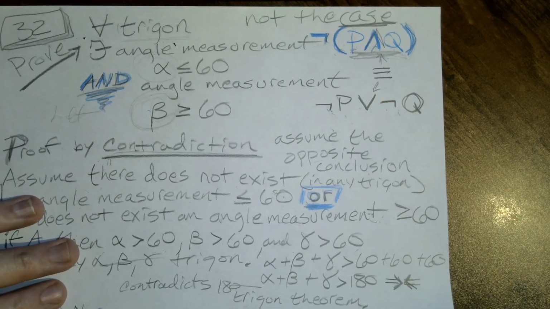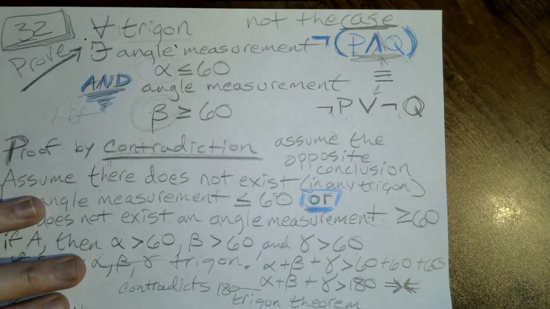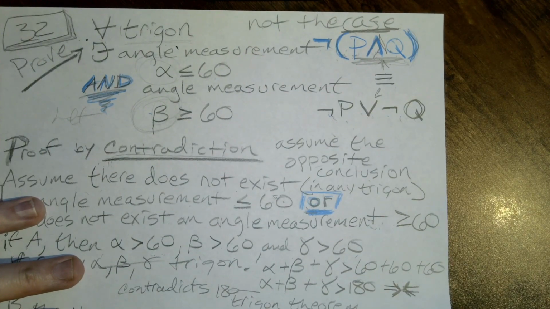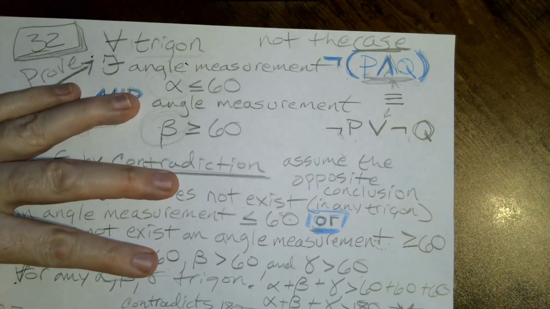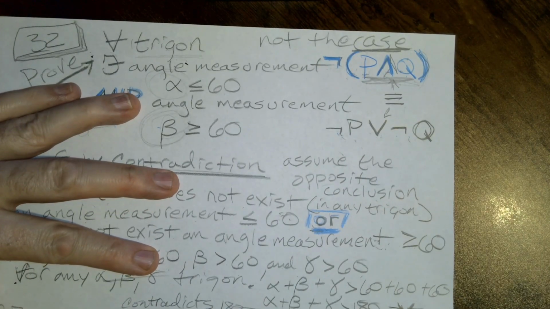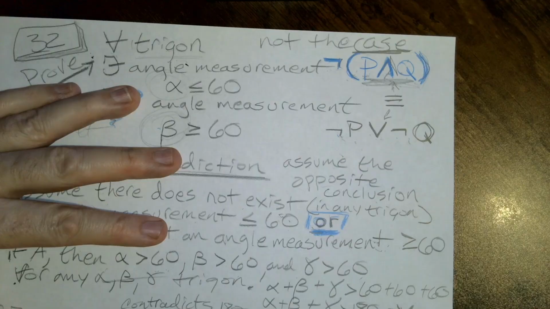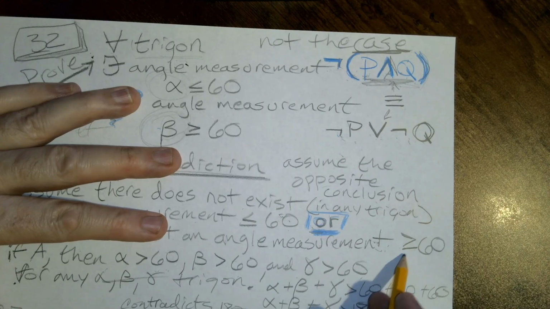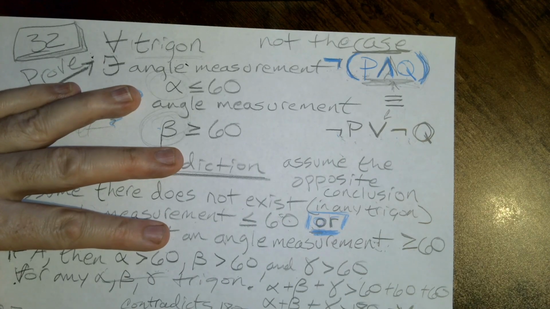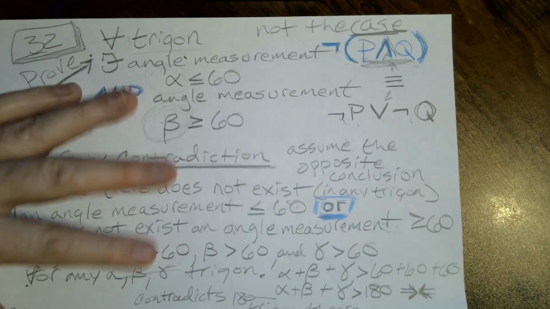That means there is no angle measurement greater than or equal to 60. That means alpha is less than 60. Beta has got to be less than 60, because we're saying there's not any greater than or equal to 60. So that means gamma also is less than 60.